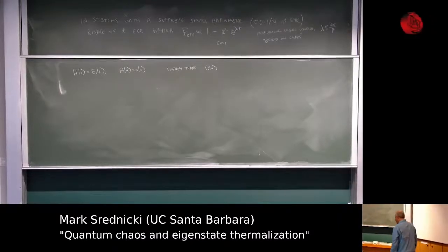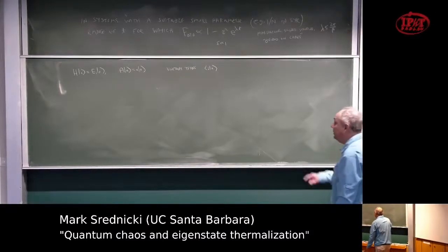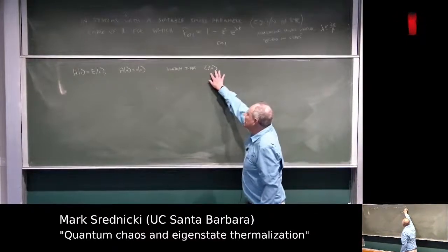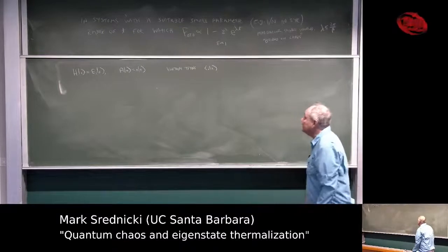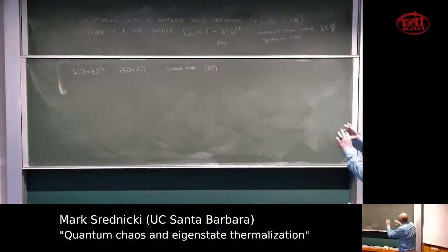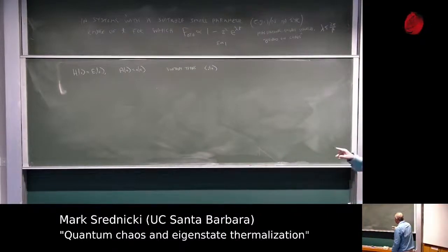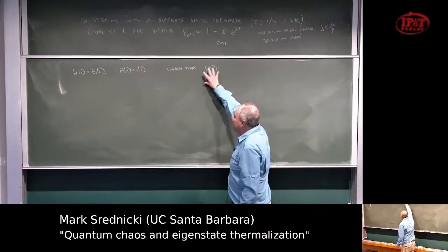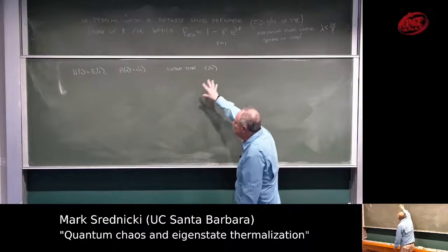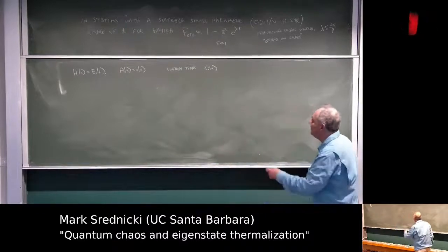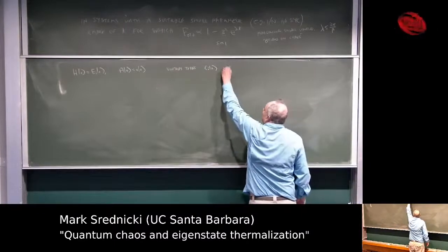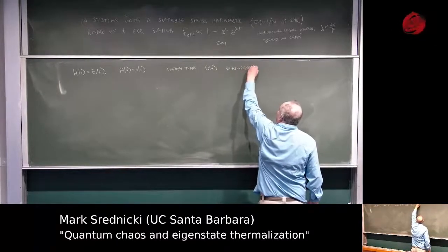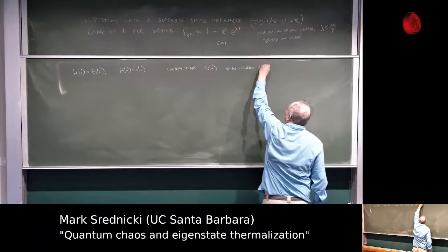And Laura and Jorge said you should think of this as a quasi-random unitary matrix. You don't really want to think of it as a completely random unitary matrix because you should probably have some locality in energy. It probably shouldn't mix up very high and very low energies. So this is some sort of quasi-random, quasi-local.